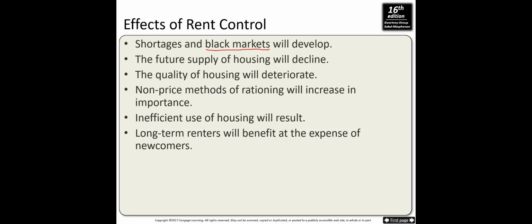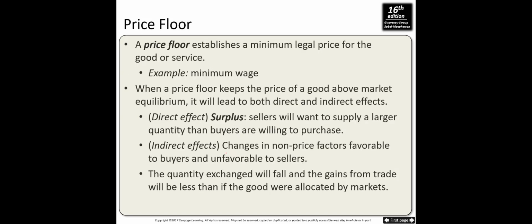Non-price methods of rationing will increase in importance, inefficient use of housing will result, and long-term renters will benefit at the expense of newcomers, because long-term renters are not going to leave the apartment because they know that they cannot find a place that cheap. Therefore, newcomers are going to suffer because of long-term renters.